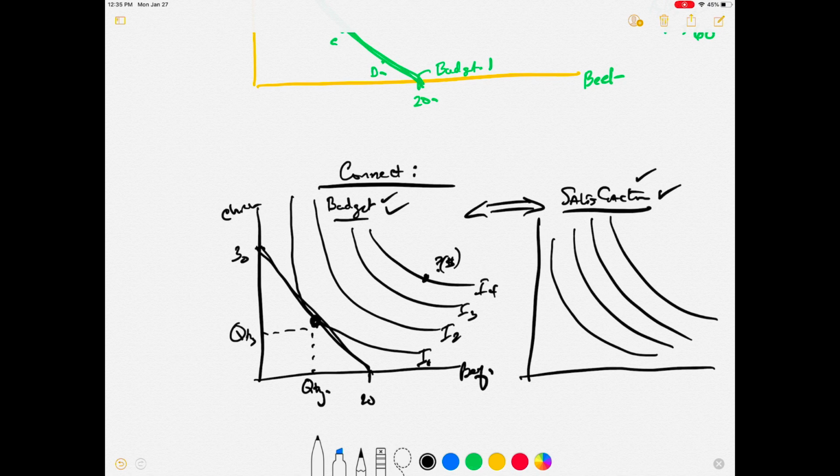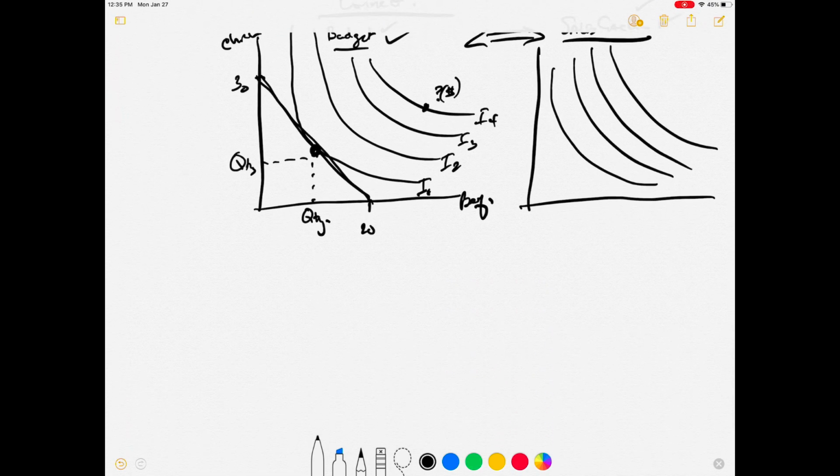And that kind of defines the idea of demand. It's an equilibrium of the choices of budget and satisfaction. And when those combine together, you end up with what we call indifference curves and budget line equilibrium. And that is where we talk about somebody would buy a product.